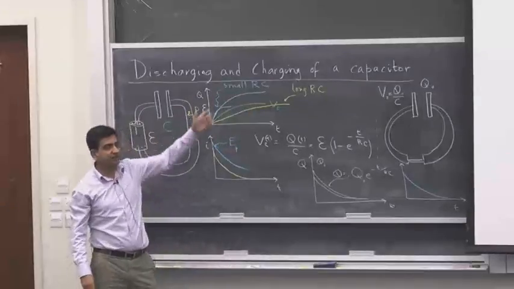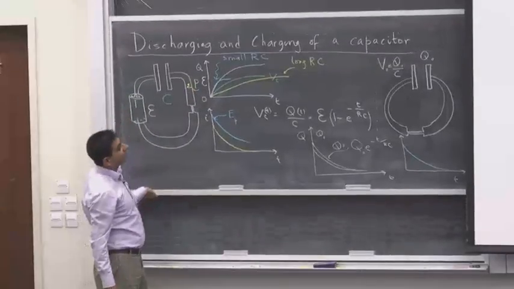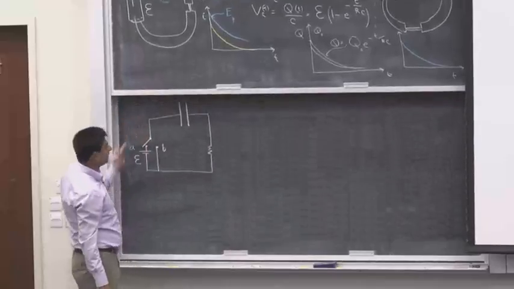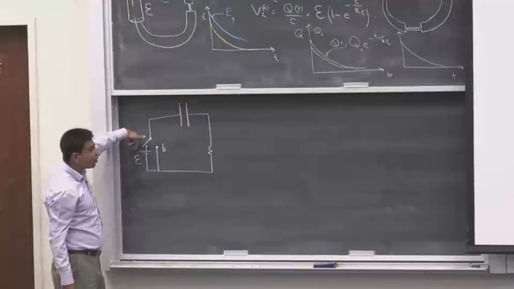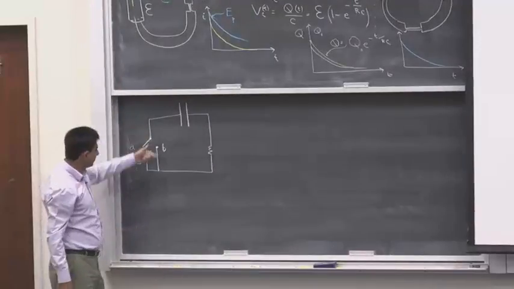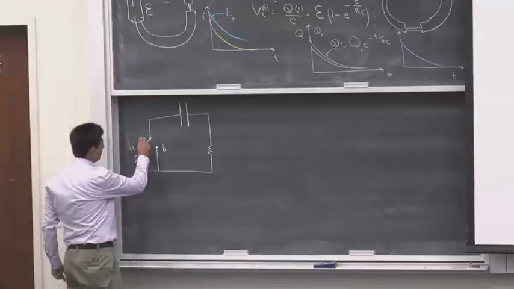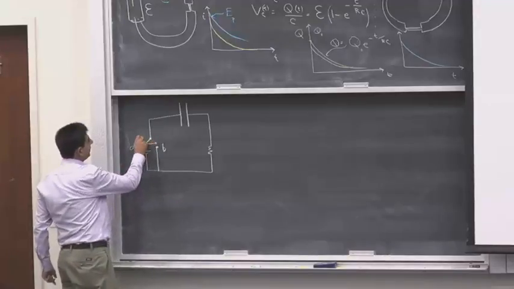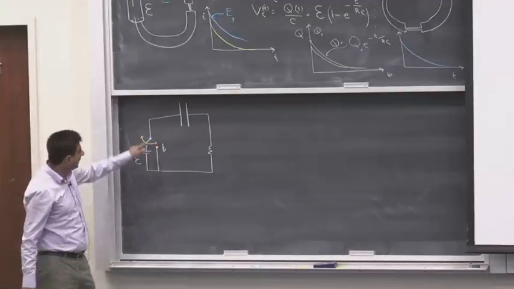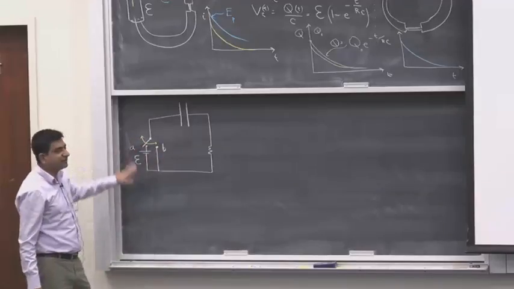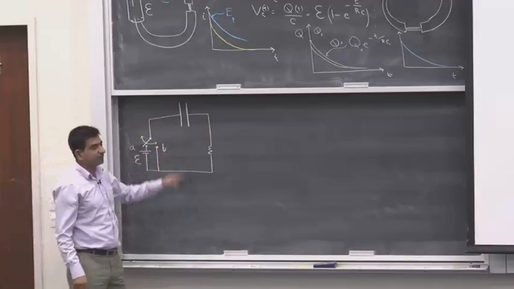It charges exponentially. But then, after some period of time, I toggle the switch, I change the position of the switch so that it goes to position B. So it can swing between A and B. And when it's in position B, the battery is out of the circuit and this capacitor would tend to discharge.